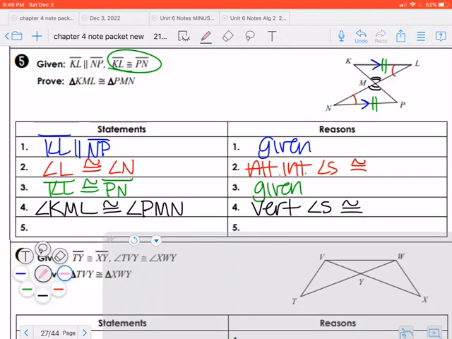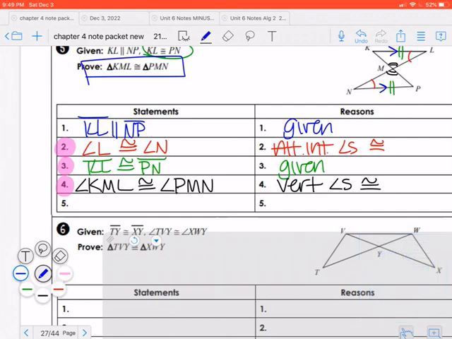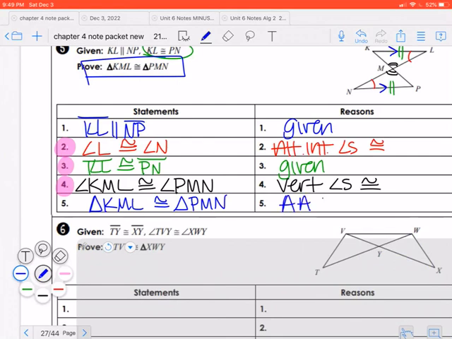So in our diagram and in our proof we've got angle, angle, side. Now we can write down what we were supposed to prove, that triangle KML is congruent to triangle PMN by angle, angle, side.